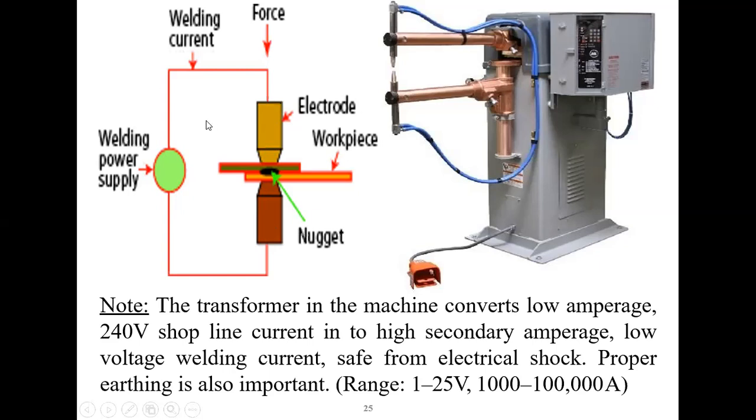This spot welding we prefer for thin sheet welding. For thick sheets, we do not prefer this type of welding. Another point: in the welding joint portion, there is a nugget that will be generated during our spot welding.